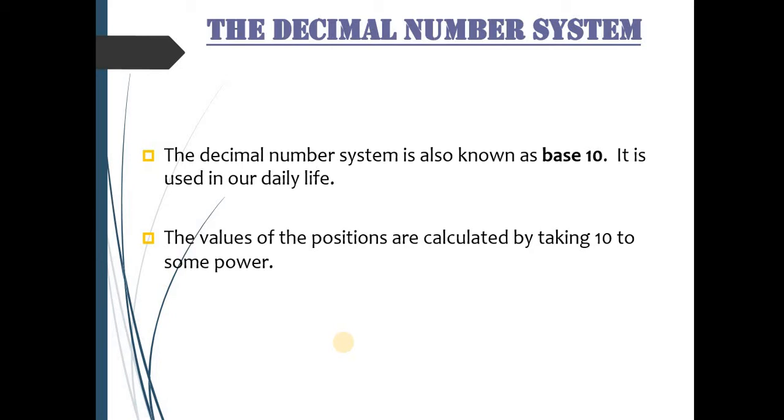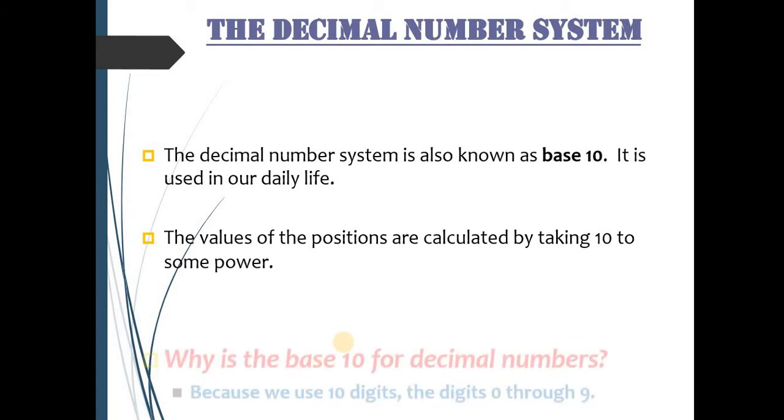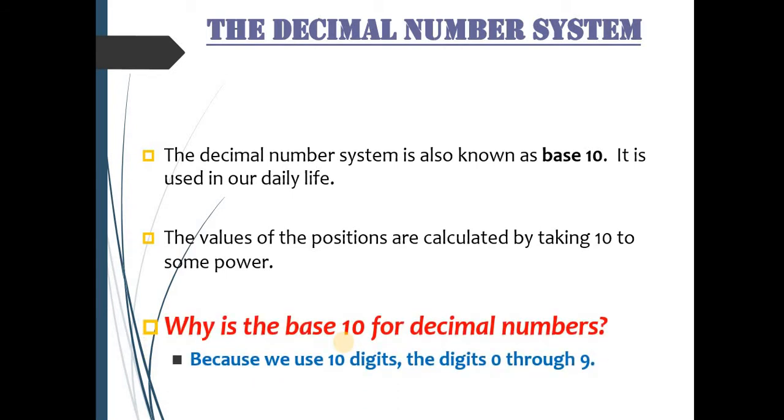So decimal numbers are positional numbers, and the values of the positions are calculated by taking 10 to some power. Why do we use base 10 for decimal numbers? Because it contains 10 digits from 0 to 9: 0, 1, 2, 3, 4, 5, 6, 7, 8 and 9.